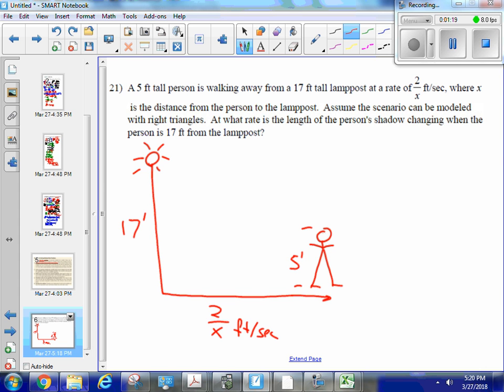Well, that's interesting. Where x is the distance from the person to the lamppost. So this distance right here from the person to the lamppost is x.